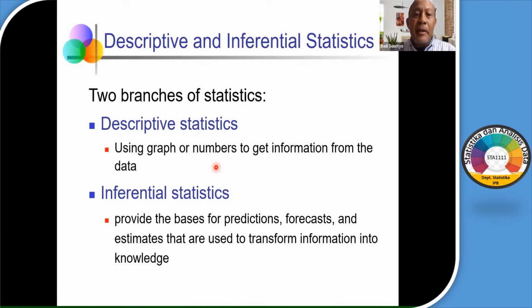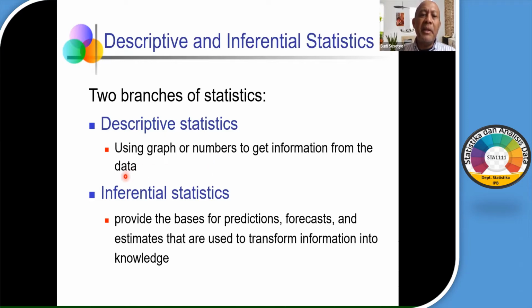Descriptive statistics, normally you analyze the data with an easier method. You just use graphs, you just use tables to explore the data. For example, using graphs or numbers to get information from the data.